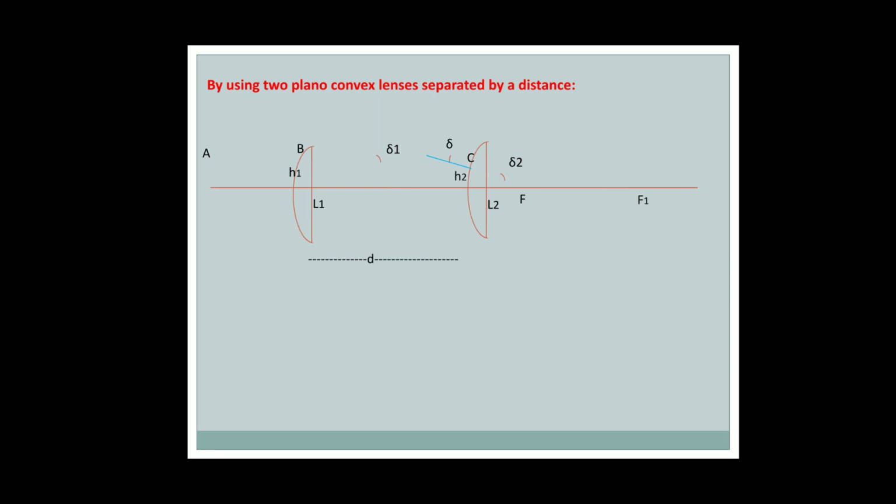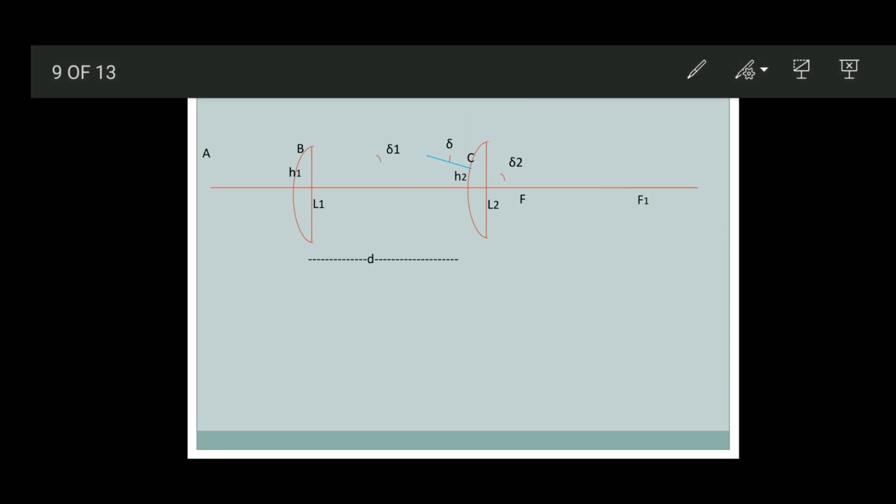And the fifth case is by using two plano convex lenses separated at a distance. This also will minimize the spherical aberration, where there are two lenses L1 and L2 placed at a distance of d. The focal length of the convex lens L1 is taken as f1, and the focal length of the second convex lens is f2.